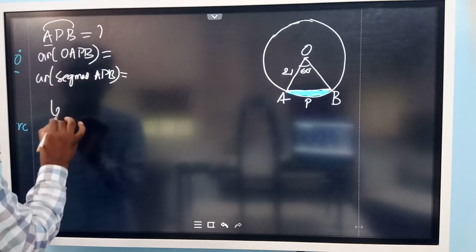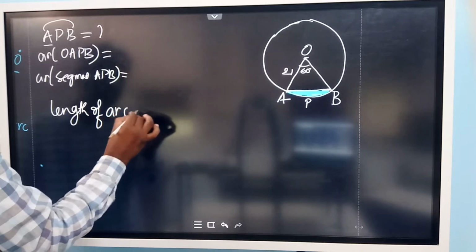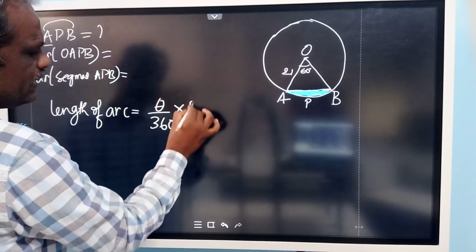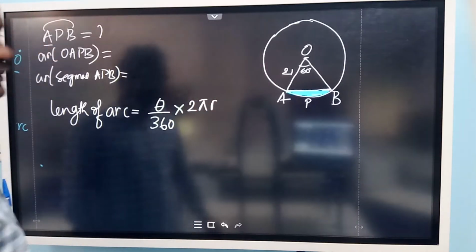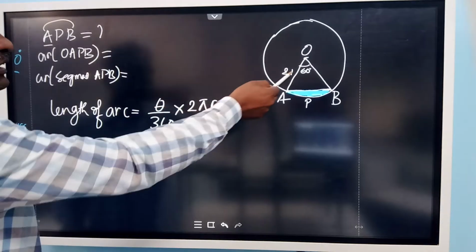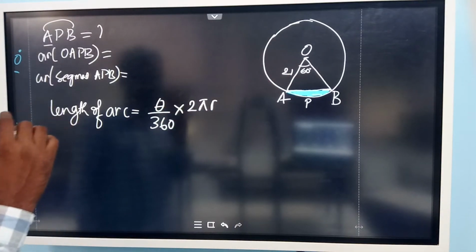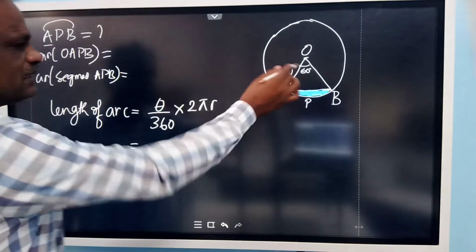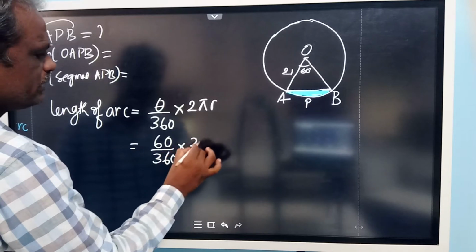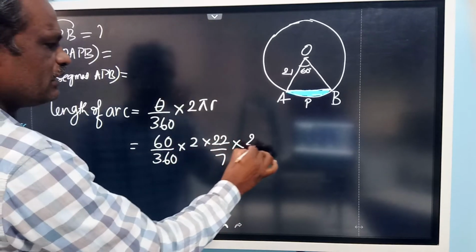So let us find out the first one, length of this arc. Formula to find out the length of arc: length of arc is equal to theta divided by 360 degree into 2 pi r, where 2 pi r is the circumference of the circle and it is proportional to this angle. So arc length is proportional to the angle subtended at the center. Therefore, 60 degree divided by 360 into 2 into 22 by 7, radius is given 21.